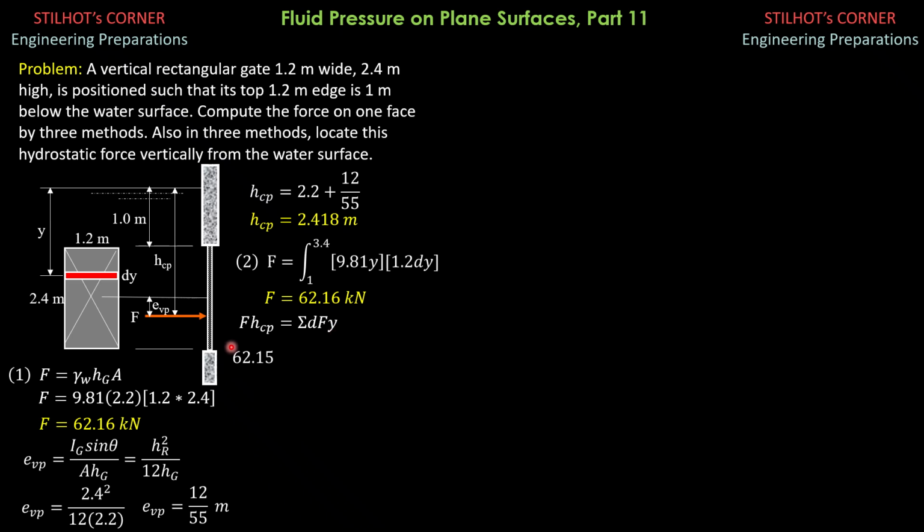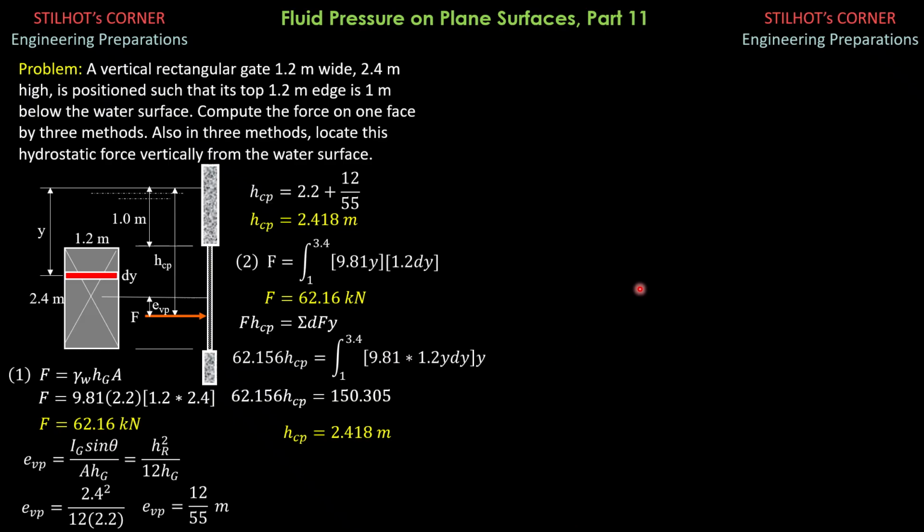So F is 62.156, h_cp equals integral 1 to 3.4 of 9.81 times 1.2 times y dy, then the moment arm, which is y. Using the calculator again, the value of the right side is 150.305 divided by 62.156. So h_cp is 2.418 meters.